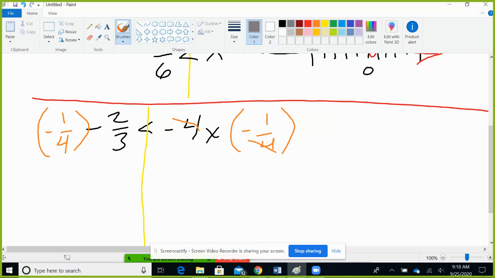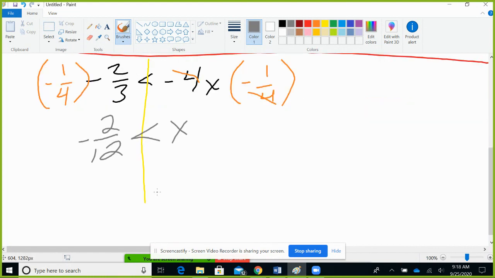And what I get is negative 2/12 is less than x. And as we know, I'm sorry, it's not negative. Because a negative times a negative is a positive. So there we have 1/6 is less than x.